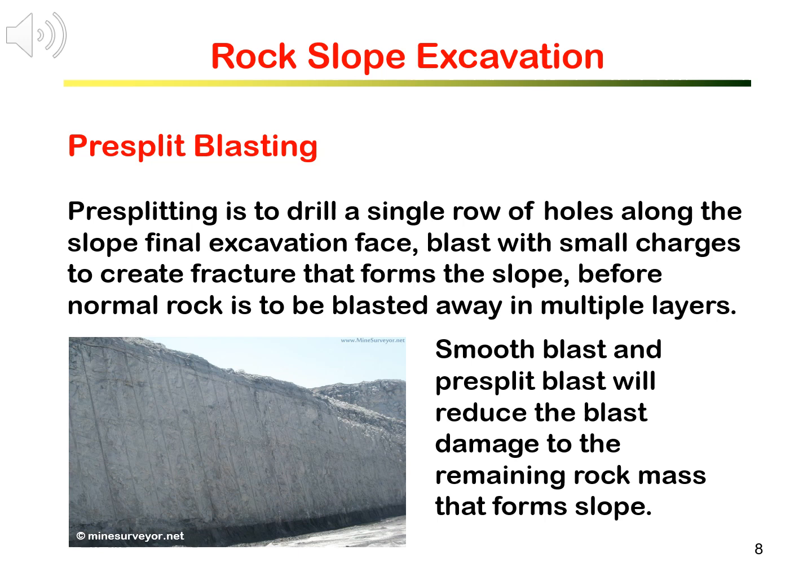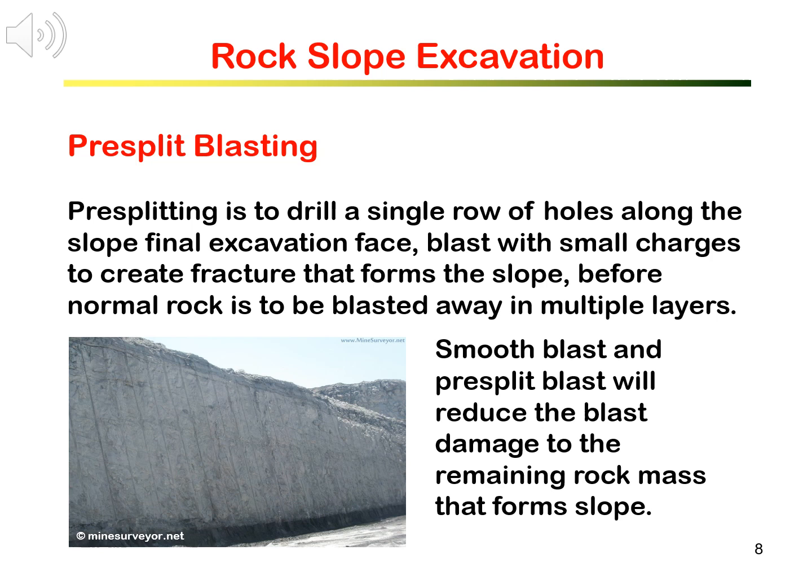Pre-split blast leaves a smooth and almost undamaged slope face, as the pre-split fracture prevents the blast from bench blasting from damaging the slope rock on the other side of the split fracture.